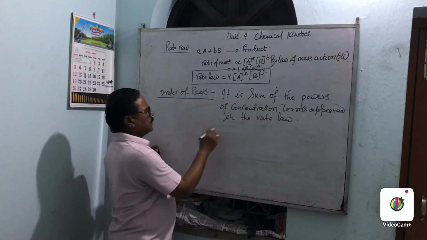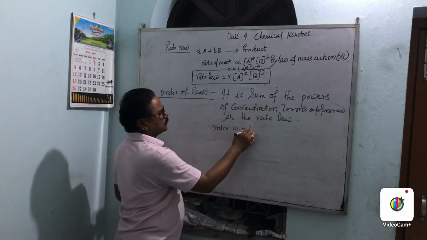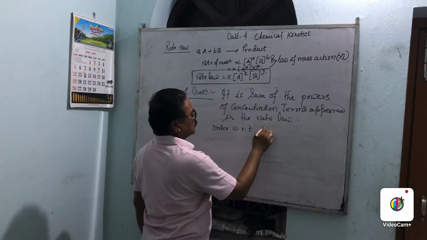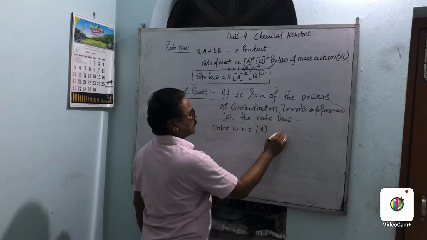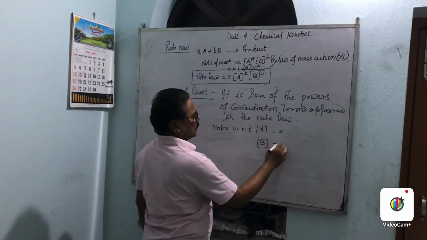So it is written as order with respect to A is equal to x, order with respect to B is equal to y.